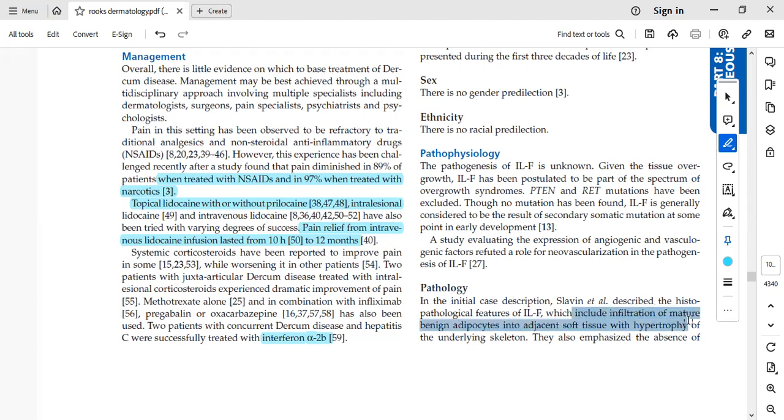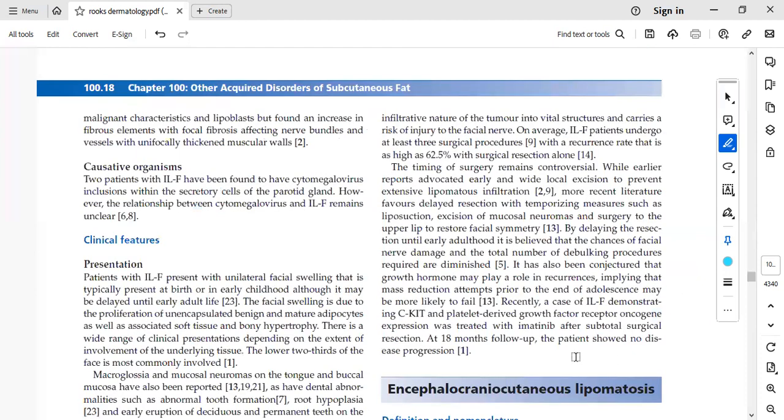They also emphasized the absence of malignant characteristics and lipoblasts, but found an increase in fibrous elements with focal fibrosis, affecting the nerve bundles and vessels with unifocally thickened muscular walls. Cytomegalovirus inclusions within the secretory cells of the parotid gland are found in some cases.